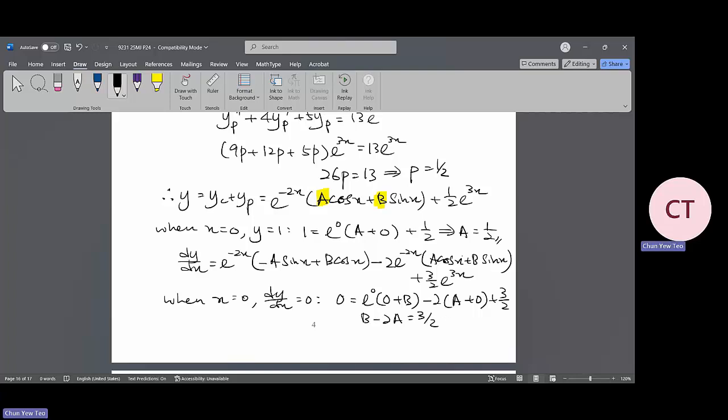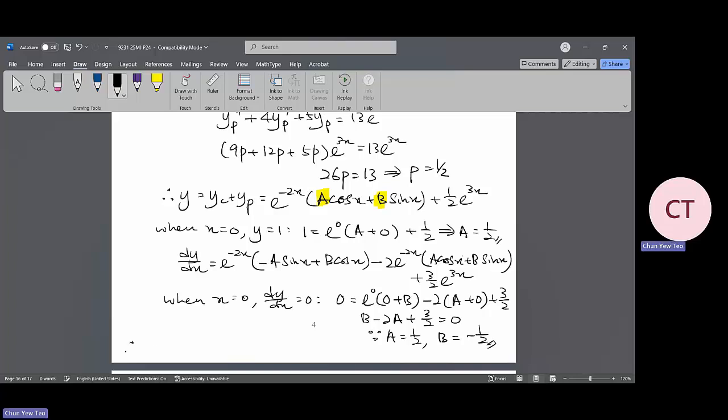Since A is a half, that means B will be equal to negative half.